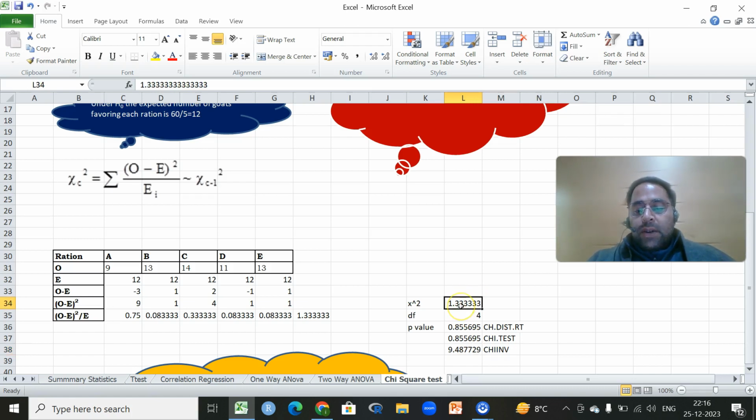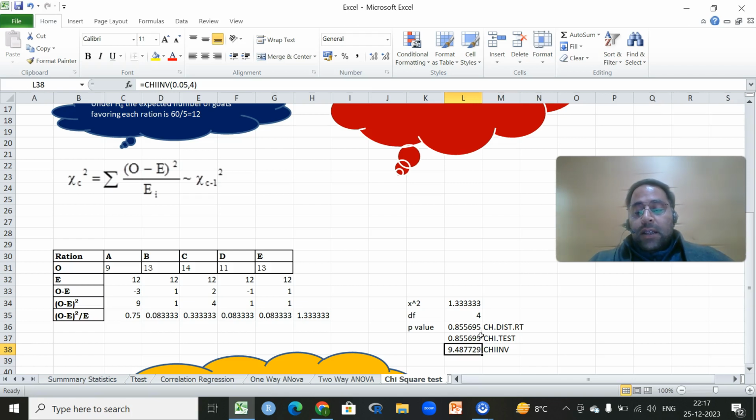But in this case our calculated value is very less in comparison to the tabulated value, and that was already evident from the p-value, whether we are going to accept or reject the hypothesis.